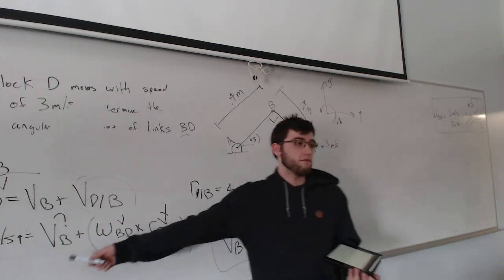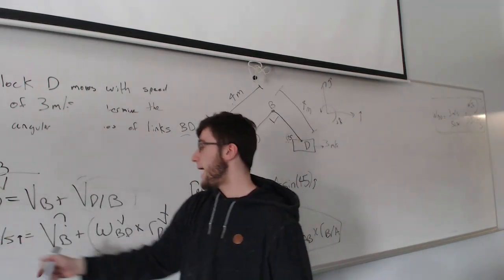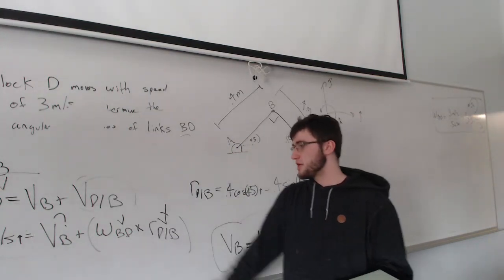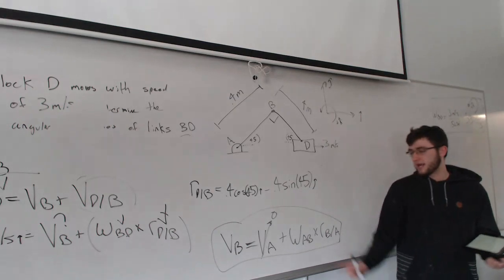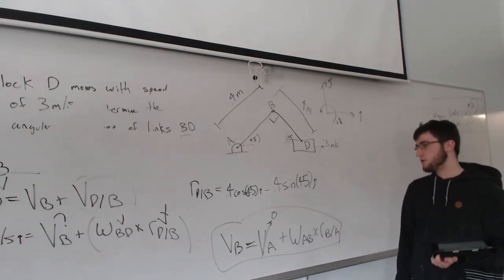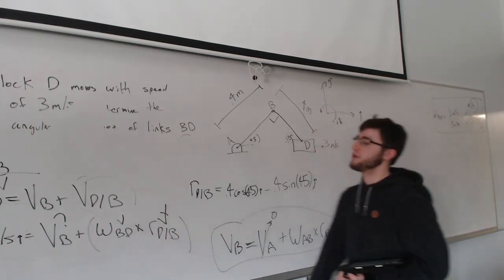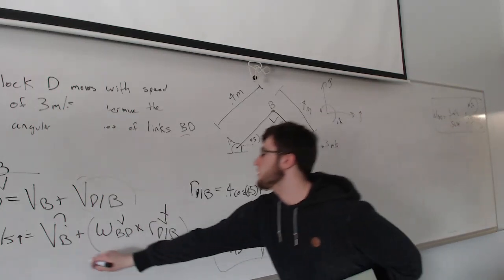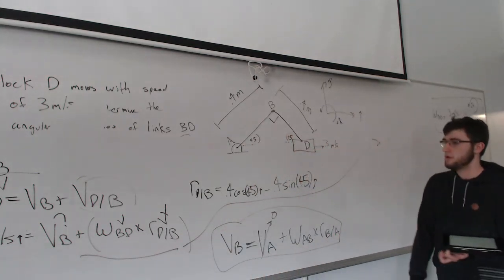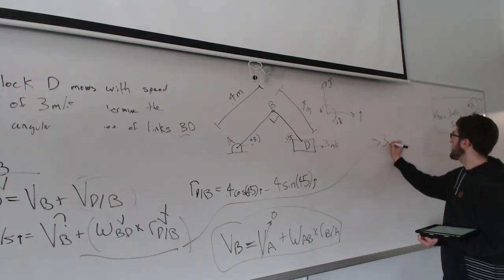I'm solving velocity of B right now, and link BD allows me to solve this. What I get from this computation, I can then use to solve the base equation that I started with in the beginning. So that's the motivation for why I'm doing this one in the first place. So that becomes 3 meters per second.